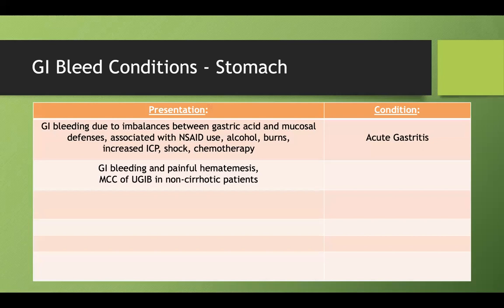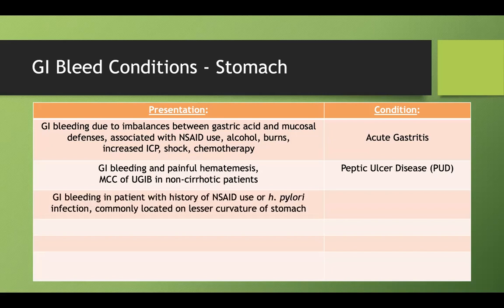What if you have GI bleeding and painful hematemesis? This is the most common cause of upper GI bleeding in a non-cirrhotic patient. This is describing peptic ulcer disease. So breaking down peptic ulcer disease, what if you have GI bleeding in somebody who has long-term NSAID use or H. pylori infection?